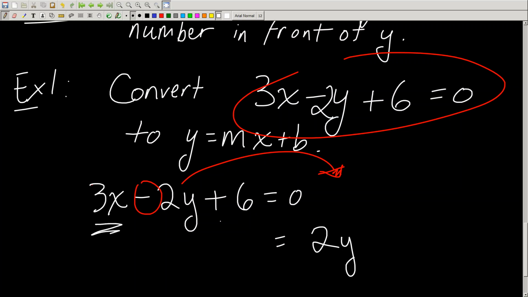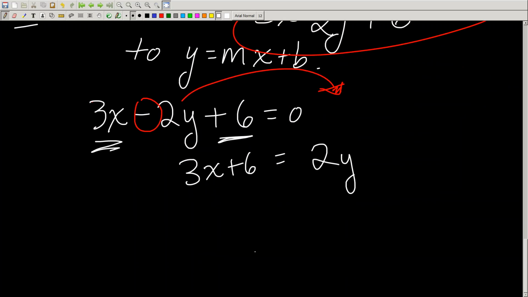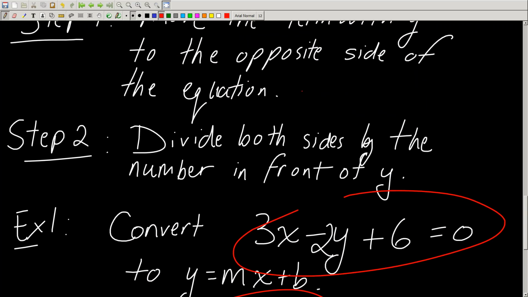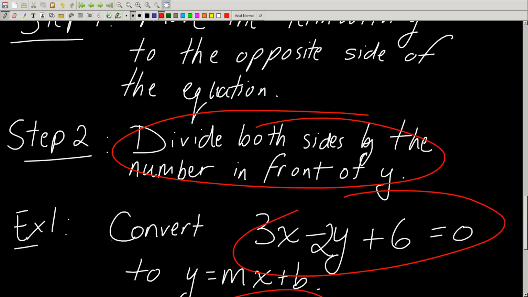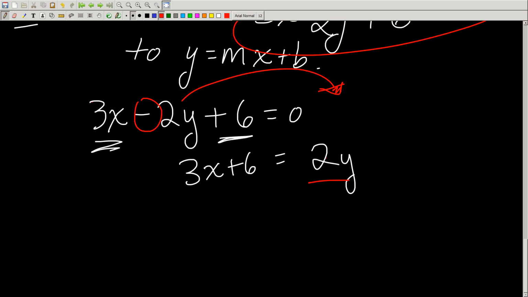I've got 3x plus 6. So I'm going to write 3x plus 6. Cool. And then, last but certainly not least, step 2 is divide both sides by the number in front of y. So that's what I'm going to do. The number in front of y is a positive 2. So guess what? I'm going to divide both sides by positive 2.